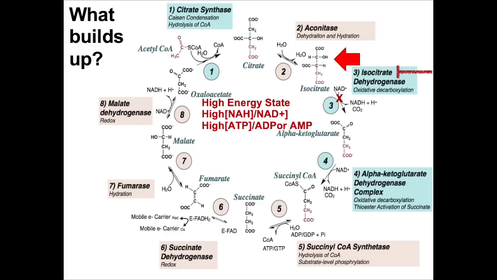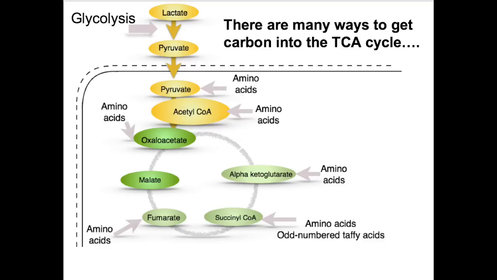And so we've looked at a slowdown of isocitrate dehydrogenase in times of high energy charge in the cell. And we've seen how that inhibits the entry of carbon into the cycle by way of acetyl-CoA. But there are other ways for carbon to get into the TCA cycle. Please do not memorize all of these entry points yet.